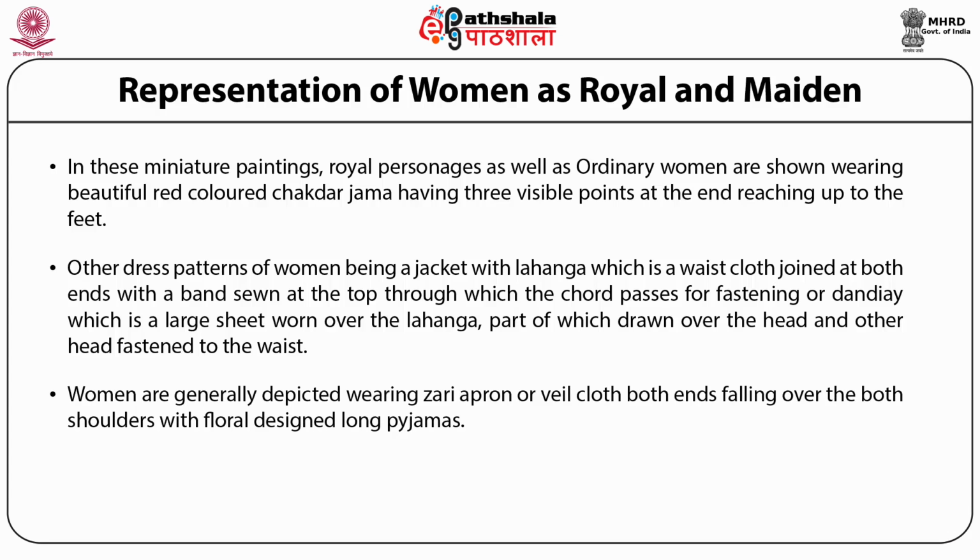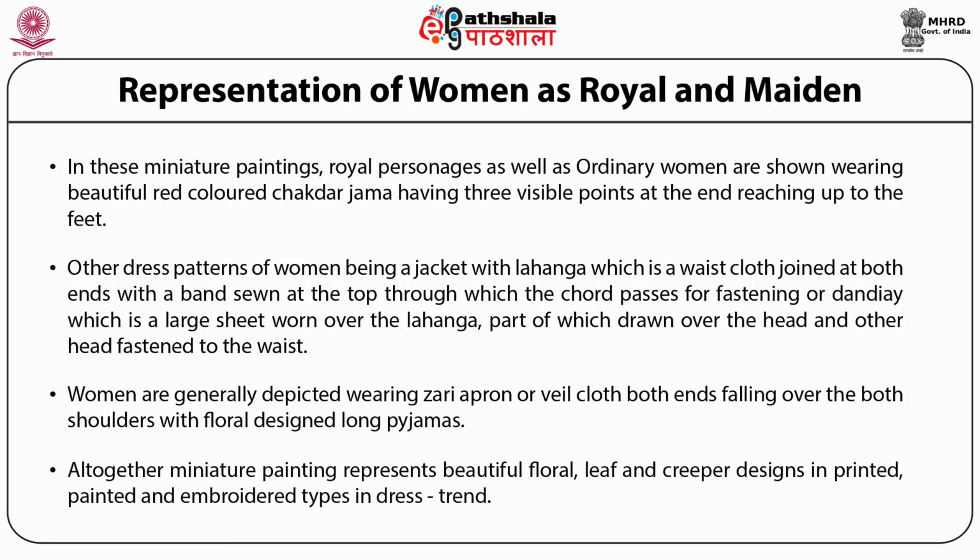Women are generally depicted wearing a zari apron or veil cloth, both falling over the shoulders, with floral designed long pyjamas. Altogether, miniature paintings represent beautiful flora, leaf, and creeper designs, painted and embroidered, in the dress trend.